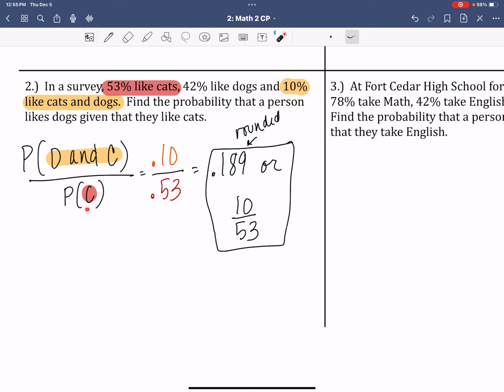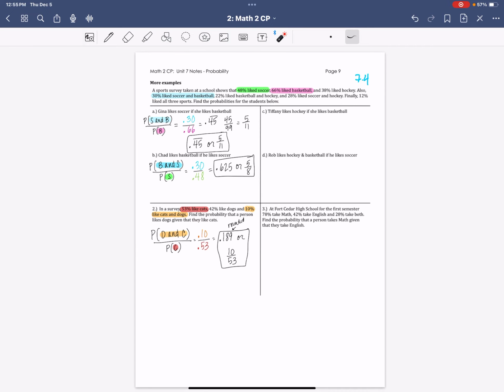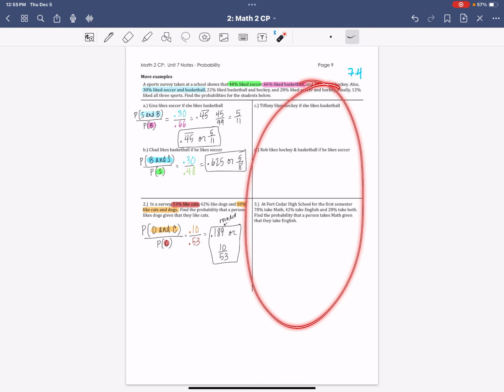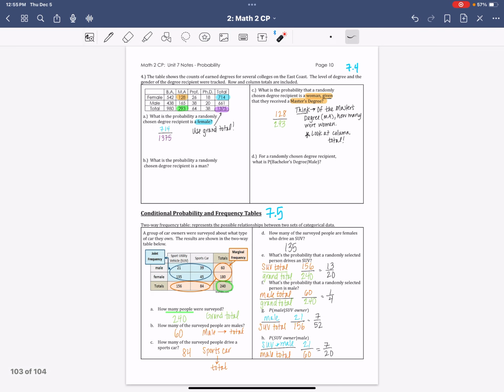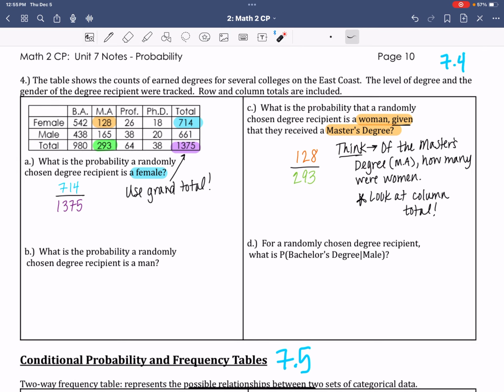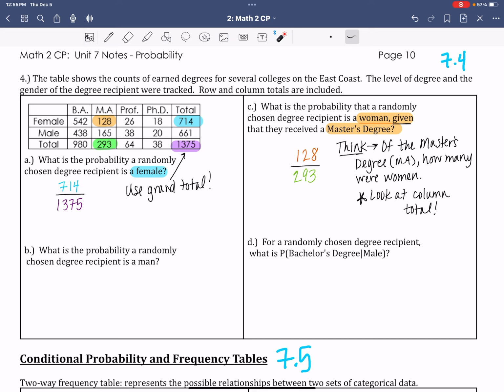The probability for just cats is 0.53. Divide those out and you'll get 0.189 rounded, or if you write it as a fraction, it would be 10 over 53. Again, you're going to complete those, and then we're going to start with this frequency table.